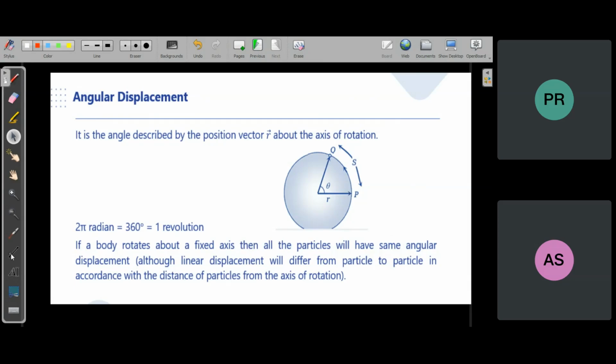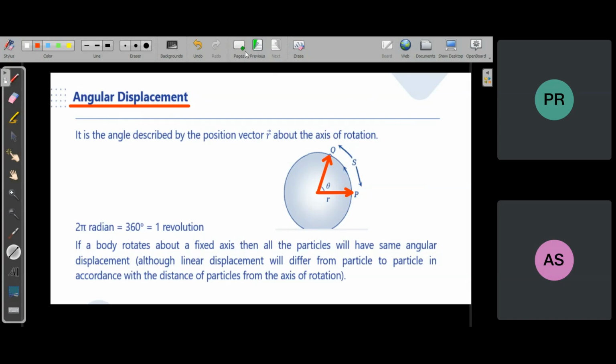Angular displacement of all the particles is the same in a rigid body. We are only talking about rigid body rotation about a fixed axis. So in that case, by how much angle the position vector of a particle is rotating, that is called its angular displacement.